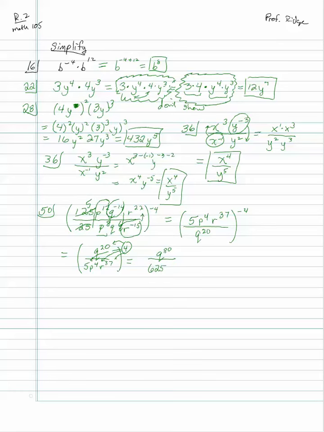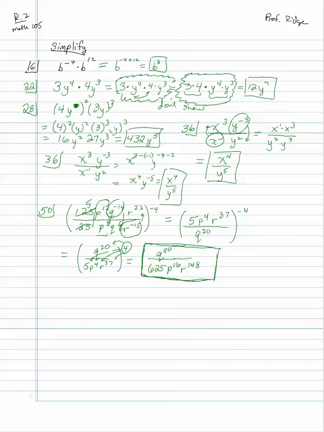P to the fourth, that's a power to power, so you multiply the powers. And R to the 37 to the fourth, which is R to the 148. And that's your final answer there. Okay, and there's not necessarily one way to do these. Just as long as you don't break any of those exponent rules, you'll be fine.